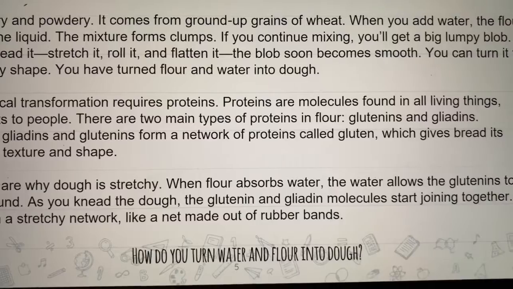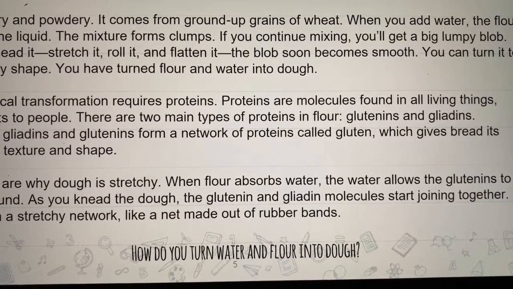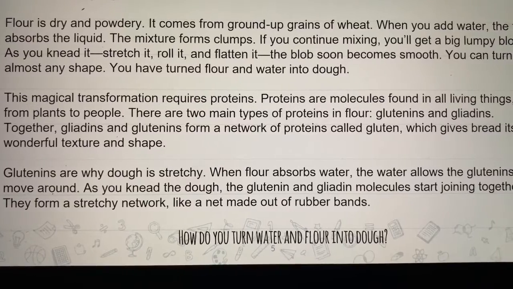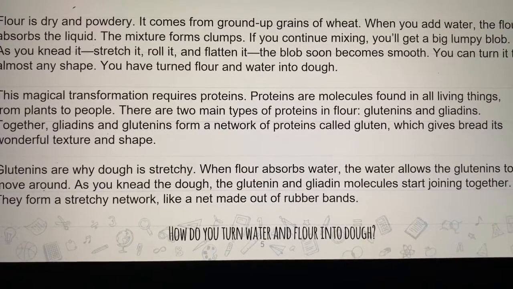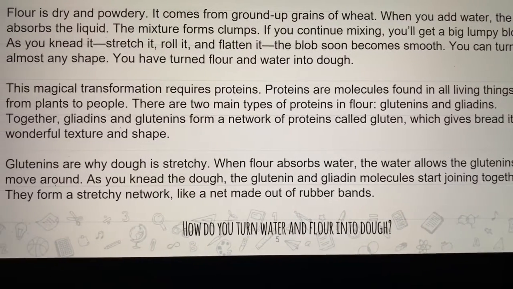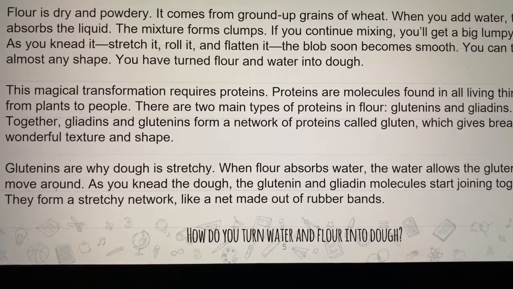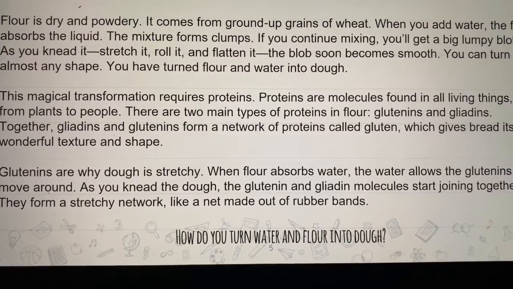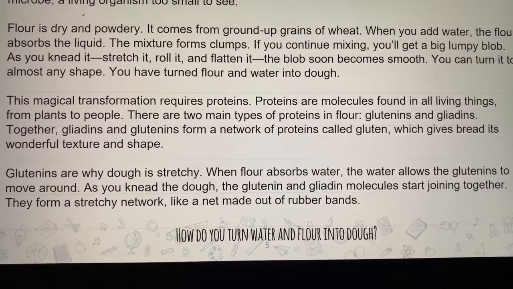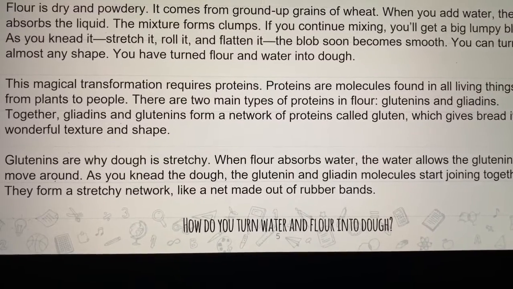Proteins are molecules found in all living things, from plants to people. There are 2 main types of proteins in flour: glutenins and gliadins. Together, gliadins and glutenins form a network of proteins called gluten, which gives bread its wonderful texture and shape.